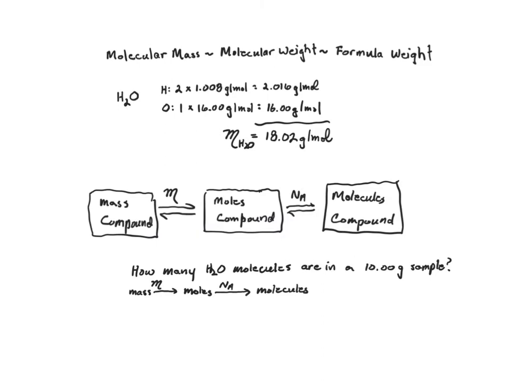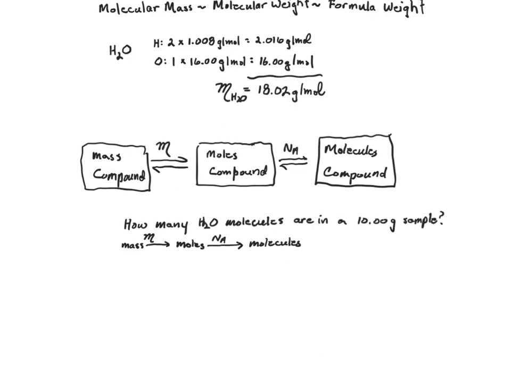So we line this up just like we did before. We start off with what we're given. So we have 10 grams of water, and there are 18.02 grams of water for every 1 mole of water. And we know that there are 6.02 times 10 to the 23rd molecules of water in every 1 mole.